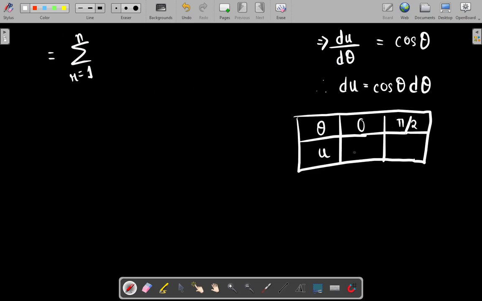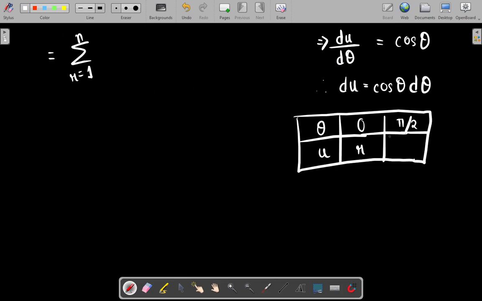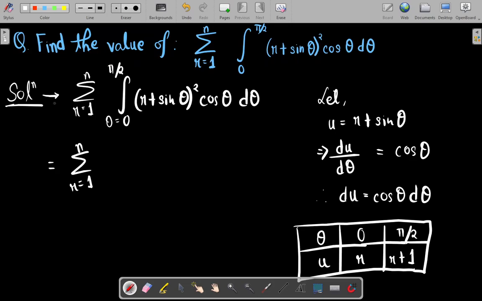Then on putting theta equal to pi over 2, sine pi over 2 becomes 1, so u becomes r plus 1. So this integral now changes from u equal to r to r plus 1, and (r plus sine theta) whole square is equal to u square, and the remaining part cos theta d theta is equal to du. So this becomes a simple integral now, u square du.